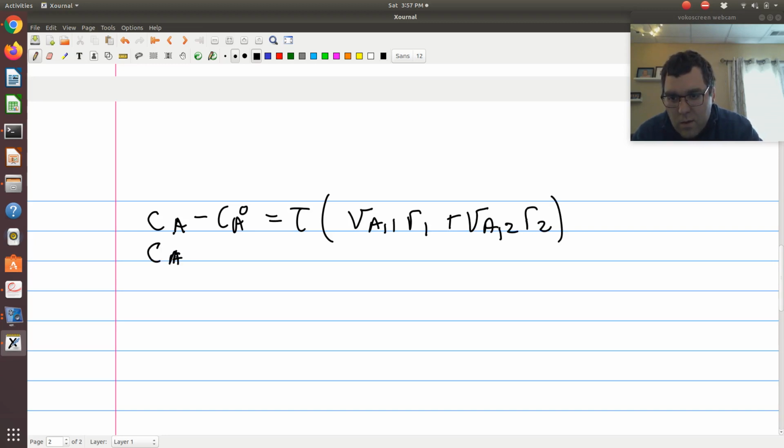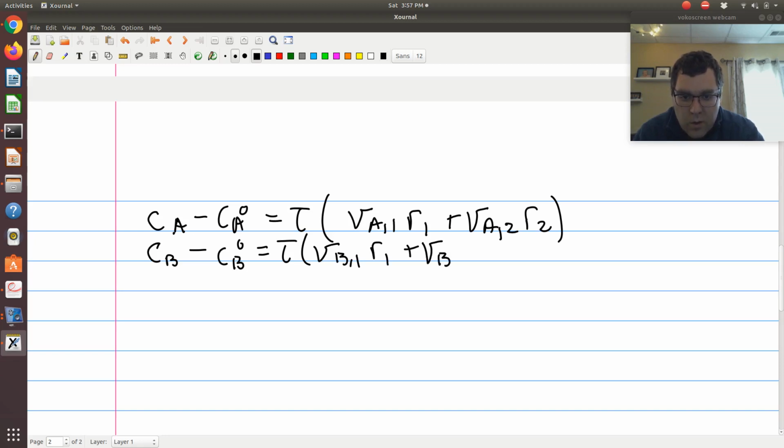This is B: CB minus CB naught is tau times nu B1 times R1 plus nu B2 times R2. And CC minus CC naught is going to be tau times nu C1 R1 plus nu C2 times R2.